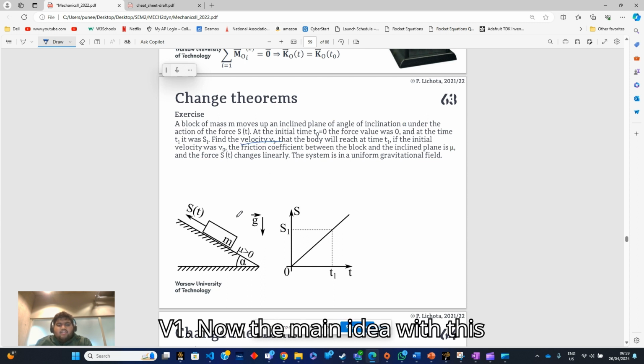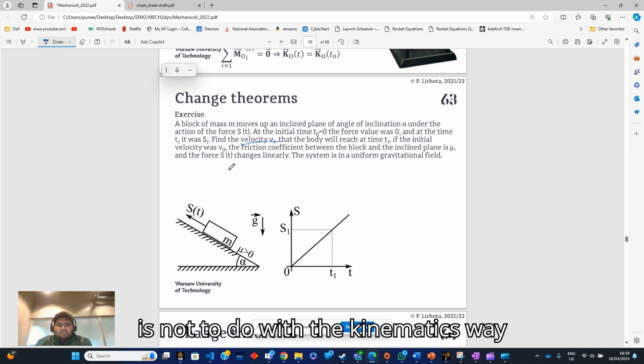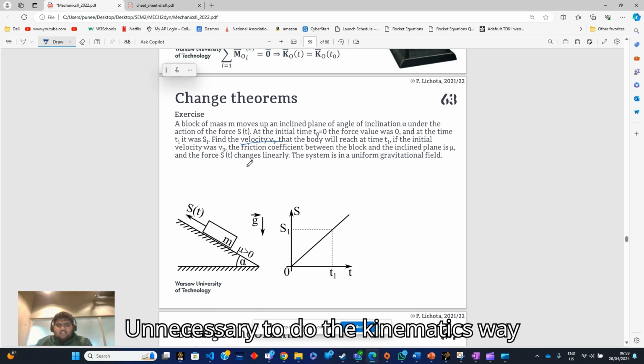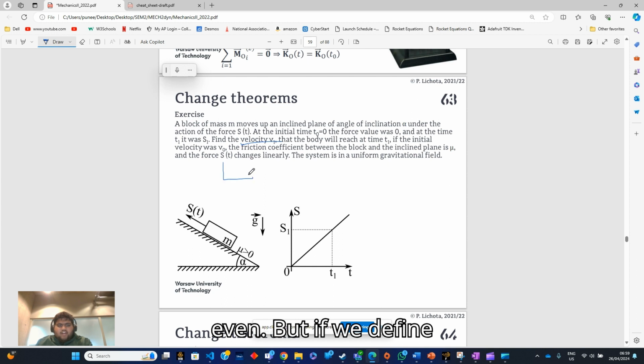The main idea is not to do it the kinematics way, which would be really hard, even unnecessary. If we define our coordinate system like this, z, x, y, we're essentially going to find everything using the work-kinetic energy theorem.